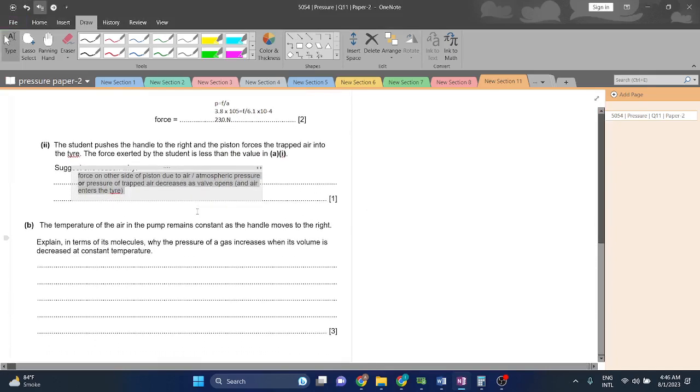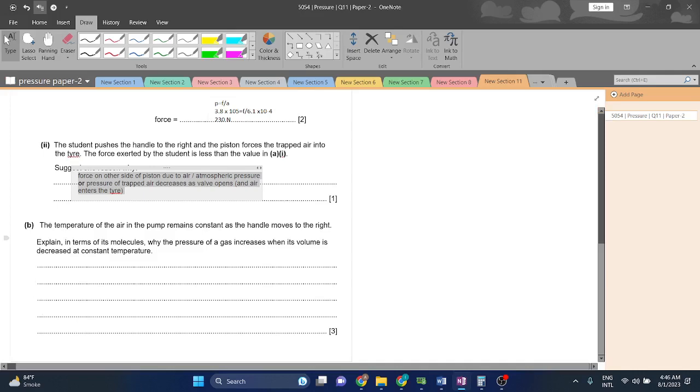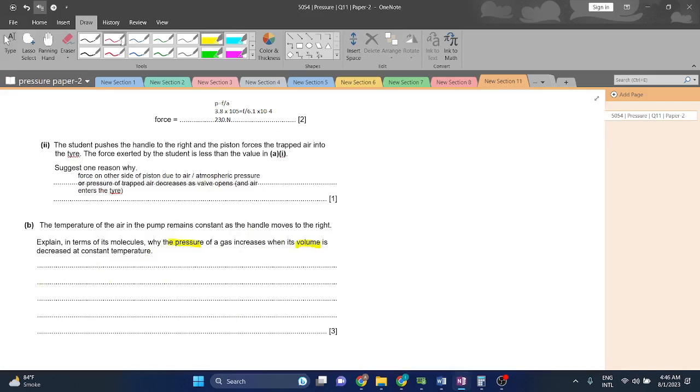The temperature of the air in the pump remains constant as the handle moves to the right. Temperature remains constant, so the only things changing are pressure and volume. Explain in terms of its molecules why the pressure of the gas increases when the volume is decreased.